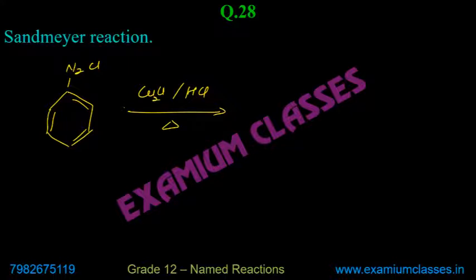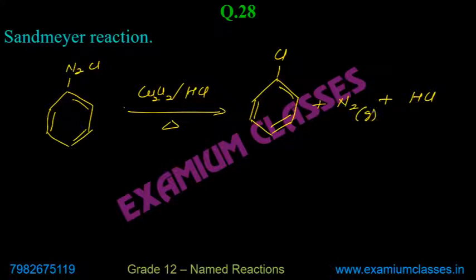Instead of CuCl, you can write Cu2Cl2, which is a rather correct way to represent it. That is how it exists. It does not exist as CuCl, rather it exists as Cu2Cl2. Chlorine will get introduced, nitrogen and HCl gases will get evolved. Both will be gases.